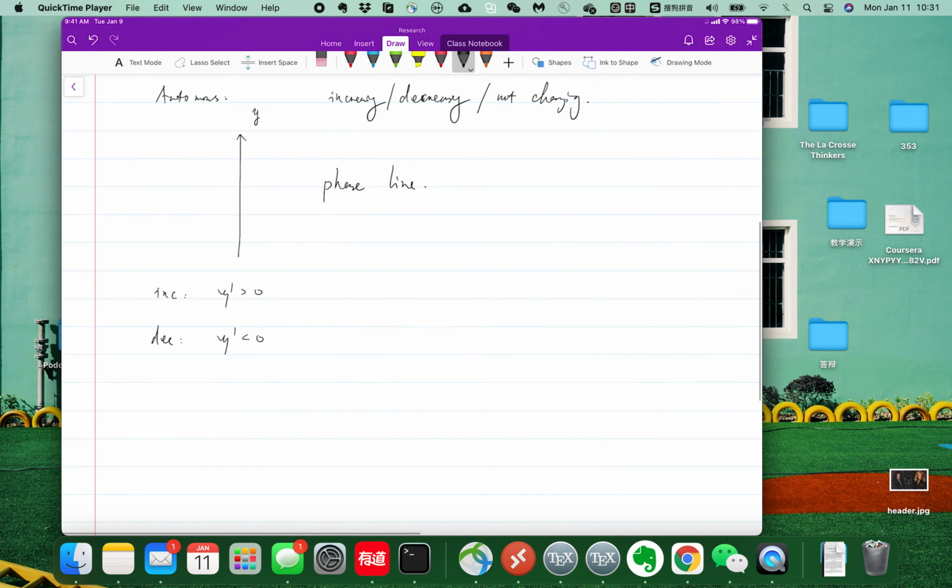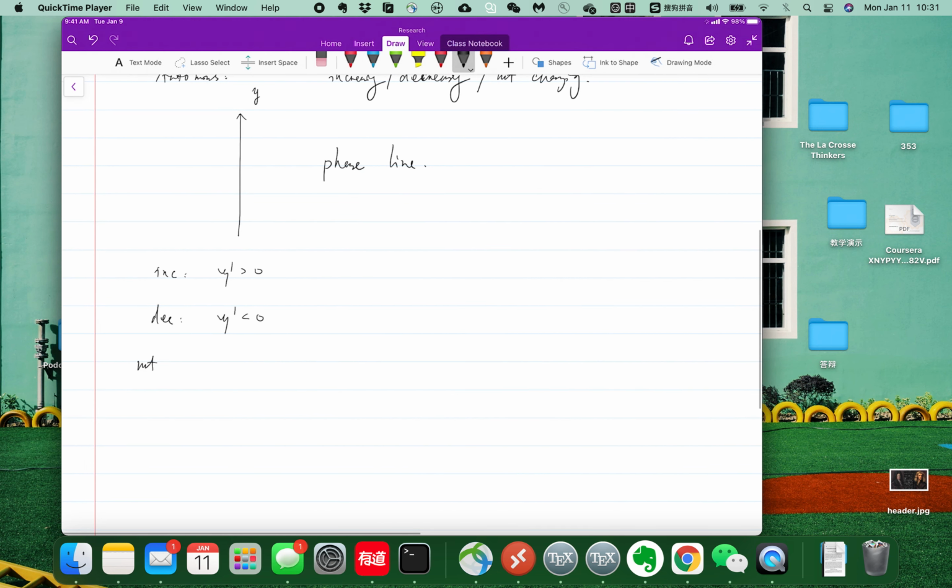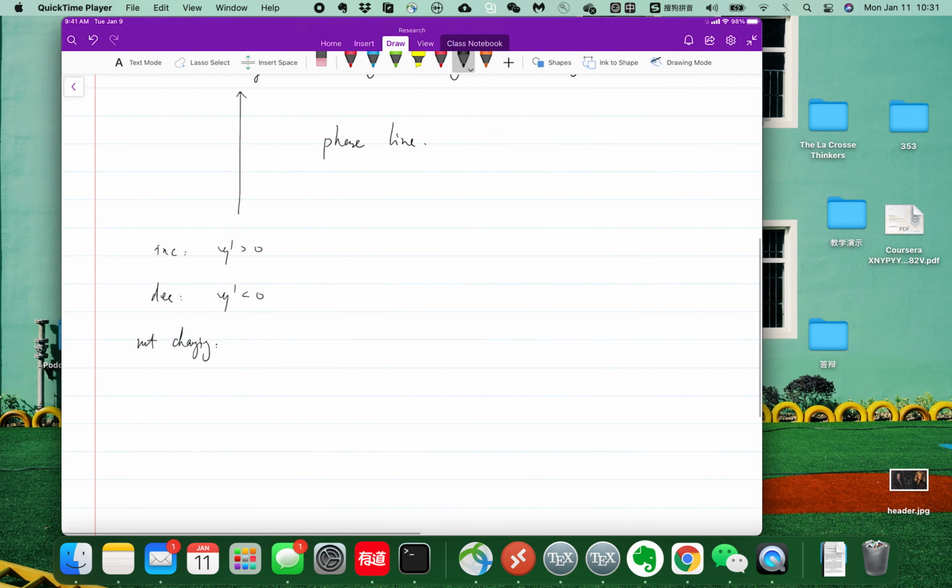And not changing, which is actually the equilibrium we will call, is where y prime equals 0. And what is your y prime? Well, your y prime is nothing but your differential equation, which is given by f(t, y), but no t, so it's just f(y). So whether y prime is bigger than, less than, or equal to 0 really depends on what your y value is. With this, you can actually draw the phase line to tell people which part is increasing, decreasing, or 0.